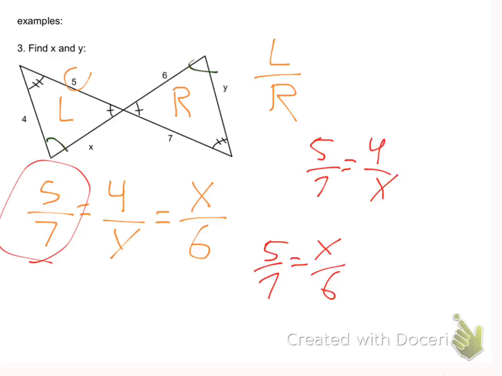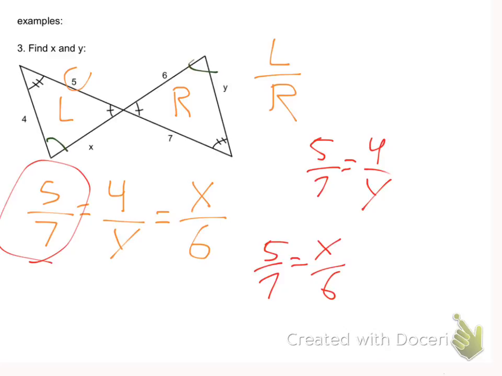Yeah, you are correct. Okay, 4 over y. And 5 over 7 is going to equal the same ratio of x over 6. Now, sometimes these turn out to be nice numbers, sometimes they don't. Not a big deal if it's not. Okay? Leave it as an improper fraction, or leave it as a square root in reduced form.